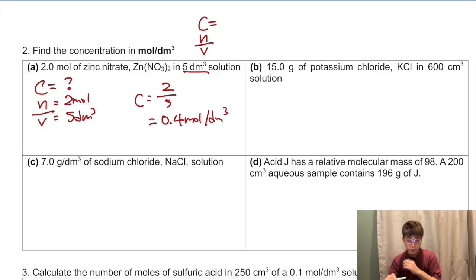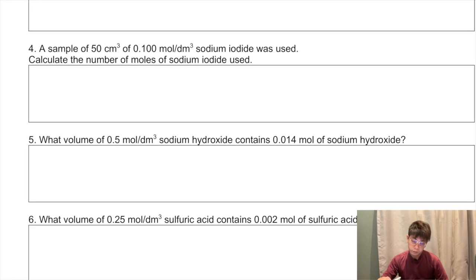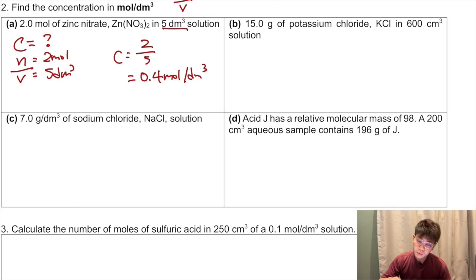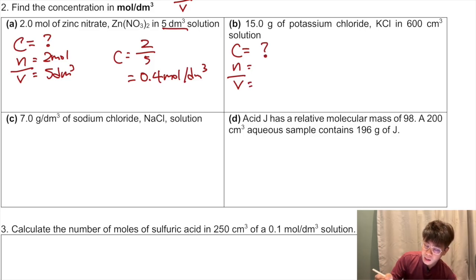Alright, let's do B. So B, I got 15 grams of potassium chloride in 600 cm cube solution. So over here, I need to be careful. C equals N over V. I want to find C. I don't have N because I only have mass, and I have 600 over 1000.